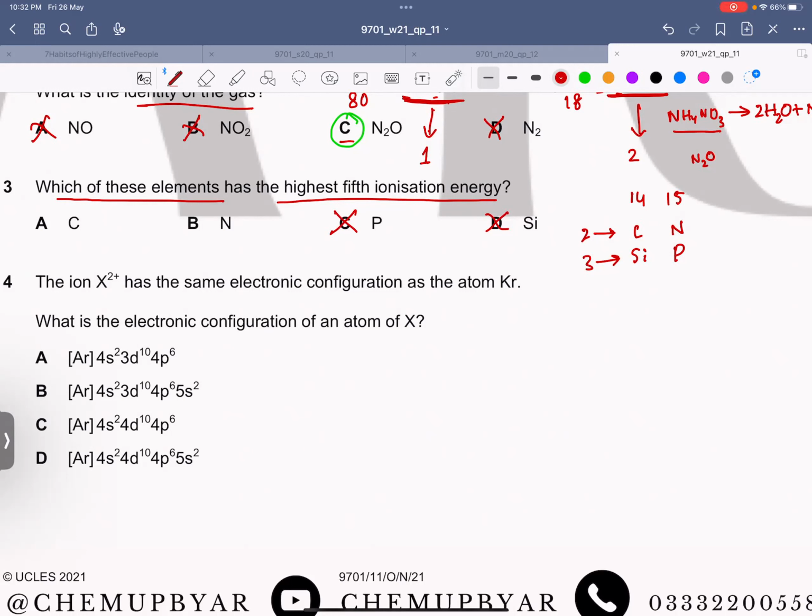So we have to decide whether carbon or nitrogen has the highest fifth ionization energy, which means when their fifth electron is lost from the valence shell, it needs the highest amount of energy.